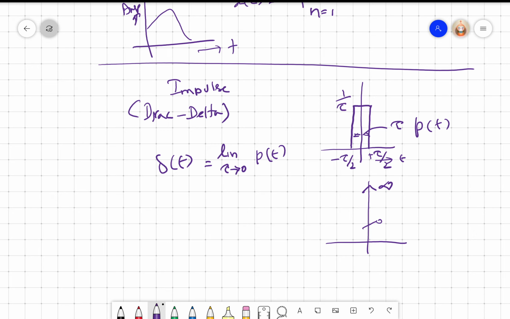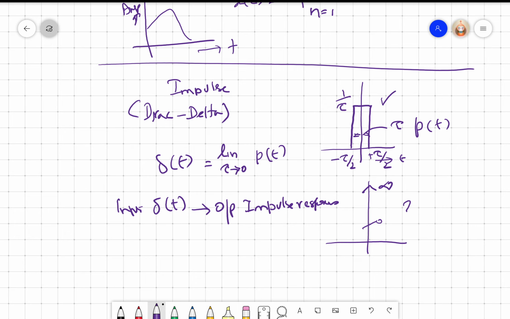So if my input is del of t and I find out what the output is, then the output I get is called the impulse response. This is mathematically perfect.